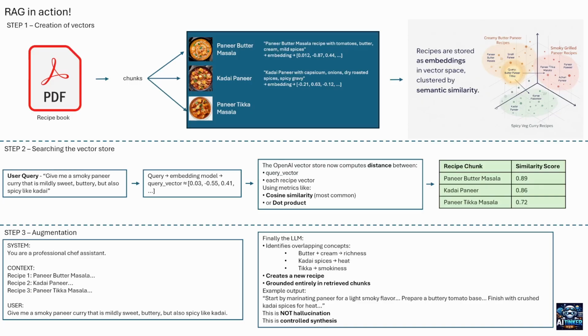Now, this is done by using metrics like cosine similarity or dot product. Cosine similarity is the most common right now. Now, on the basis of that, it is going to retrieve those chunks, and what actually gets retrieved is the text element.